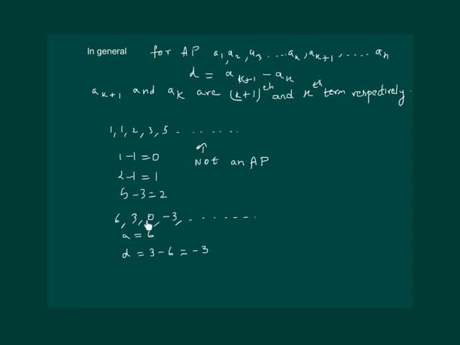Or we can take the second and third term, which will give us d equal to minus 3 minus 0, which is also minus 3. So we notice that always to find d, we subtract the kth term from the (k+1)th term. Let us make the concept clearer through some examples.